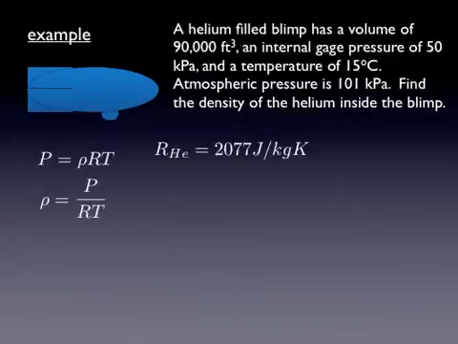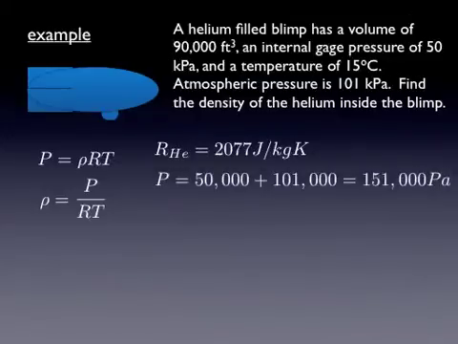I then need pressure and temperature. Pressure is given as 50 kilopascals. That's a gauge pressure. For the ideal gas law, we always have to use absolute pressure. So I have to convert that from gauge pressure to absolute pressure. So that's 151,000 pascals. And then temperature needs to be in degrees Kelvin, so I need to convert that.